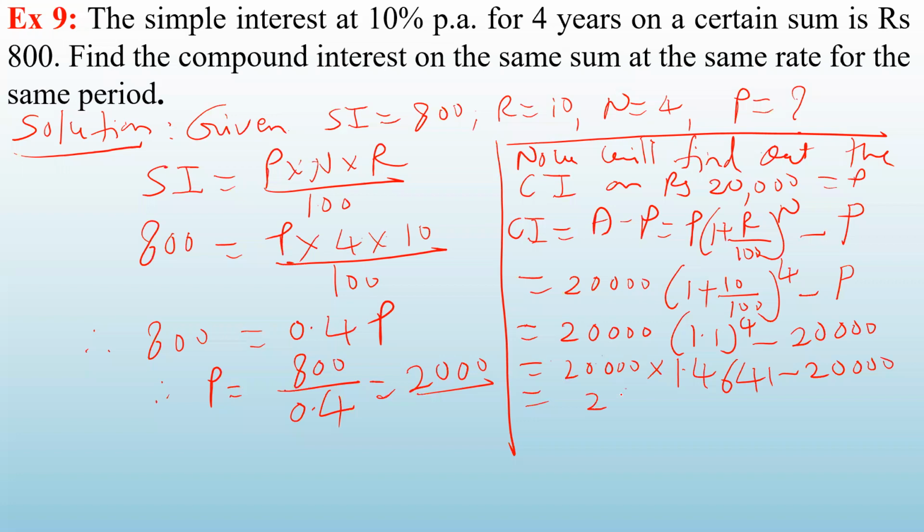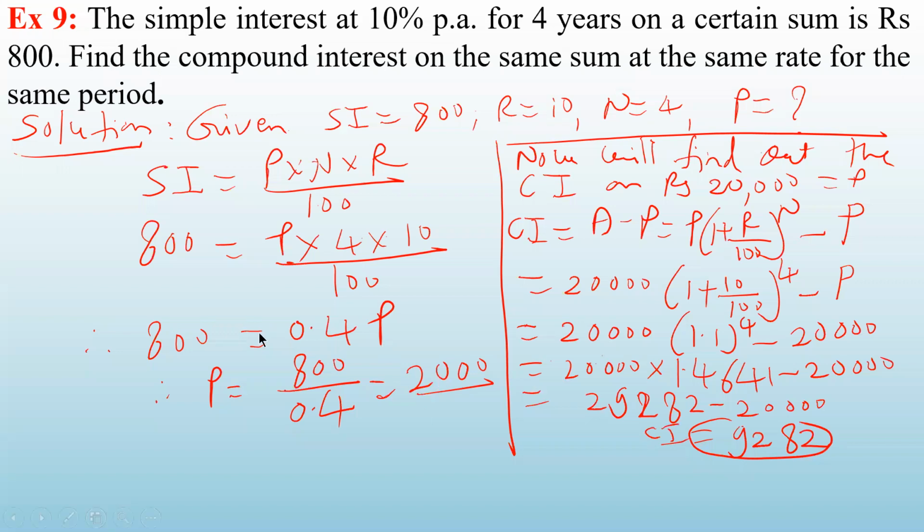That gives you 29,282 minus 20,000. That will give you 9,282. That means this is the compound interest, on the same principal.